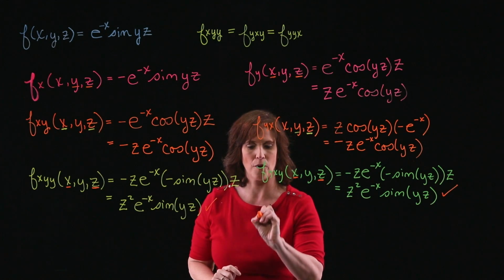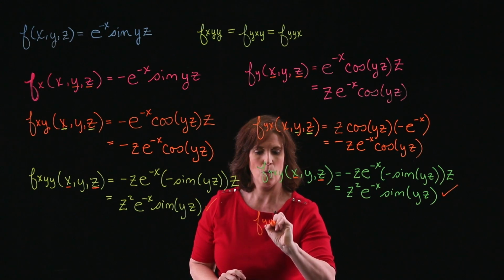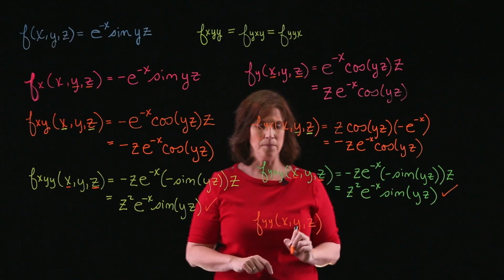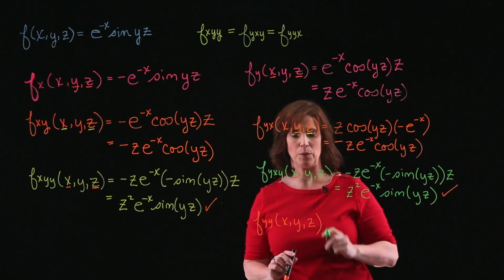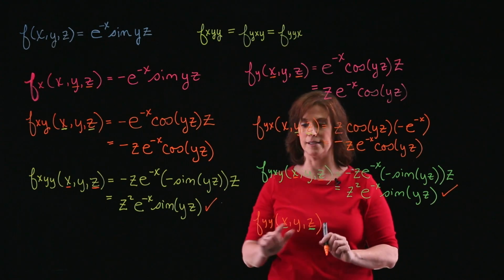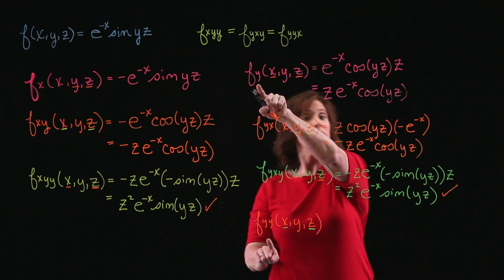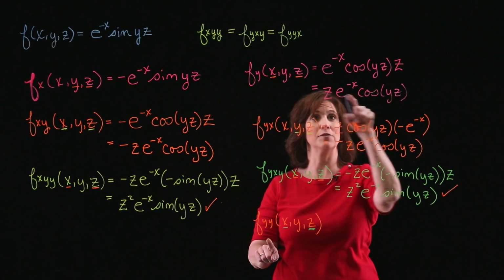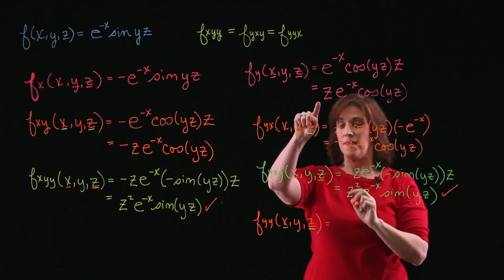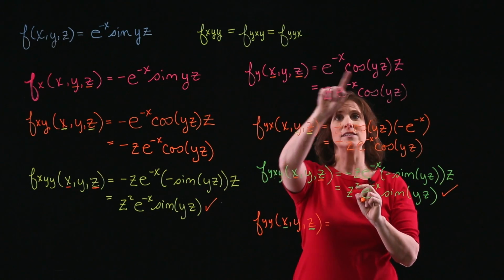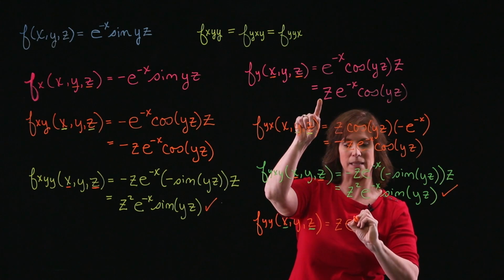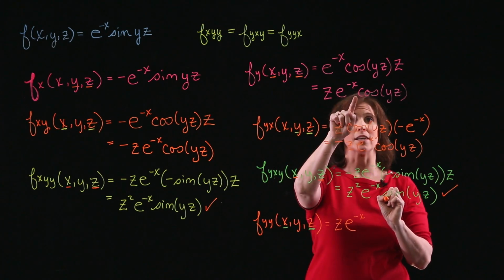I'm going to start with my first partial with respect to y. And if I look for fyy of xyz, again, if I'm differentiating with respect to y, I'm going to treat x and z as if they're constants. Okay, so z e to the minus x is treated as a constant.